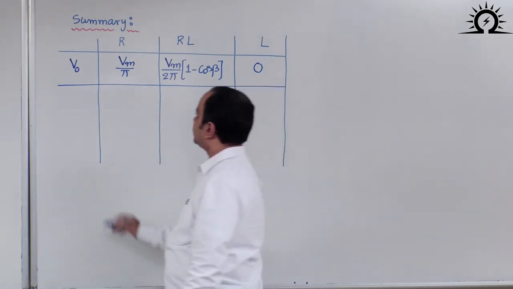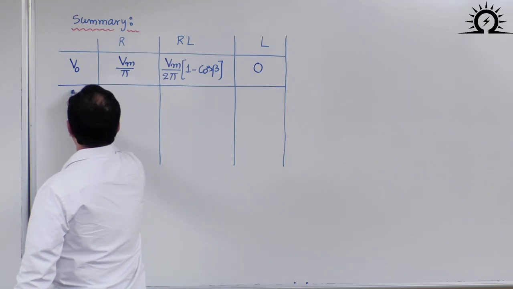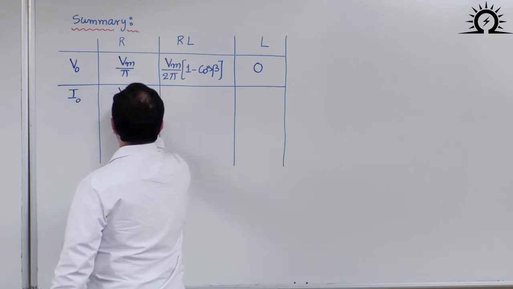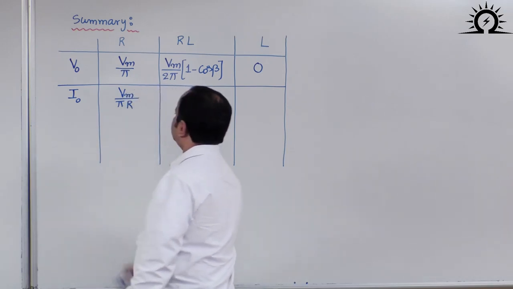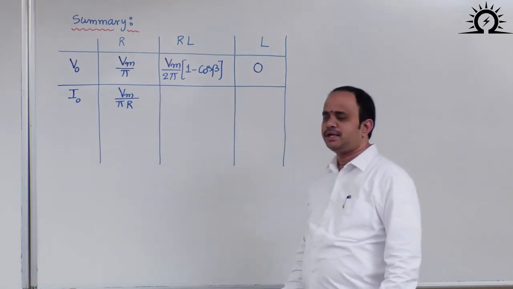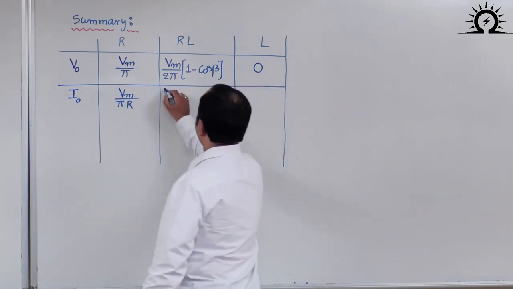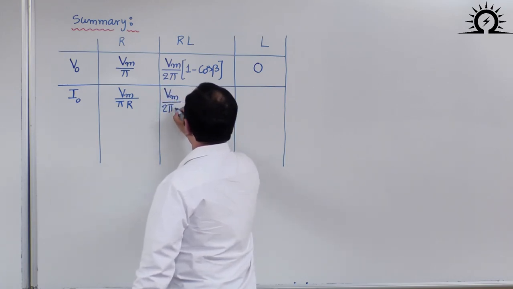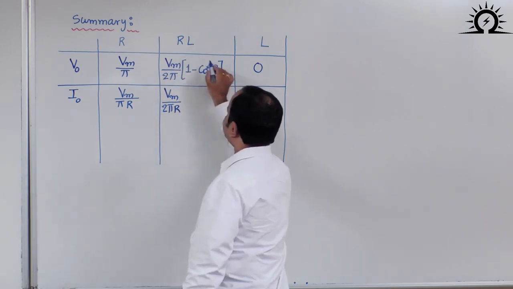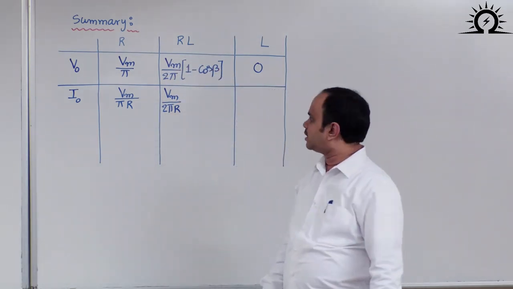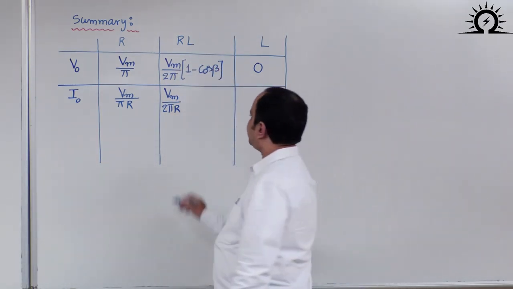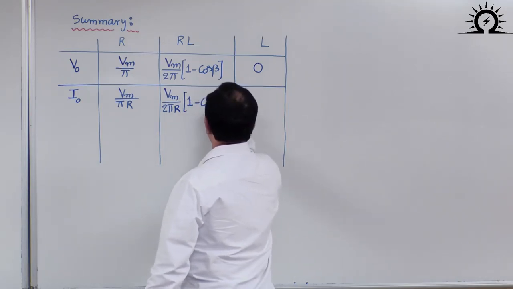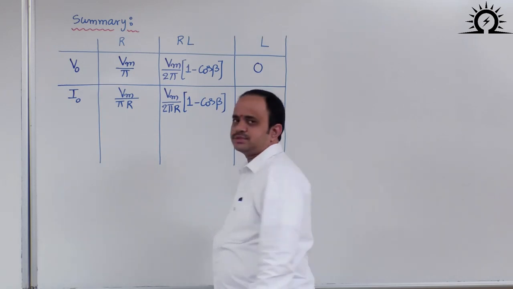Next, the average output current is equal to V0 by R, that is Vm by pi R. In case of RL load, it is V0 by R, therefore Vm by 2 pi R multiplied with 1 minus cos beta.